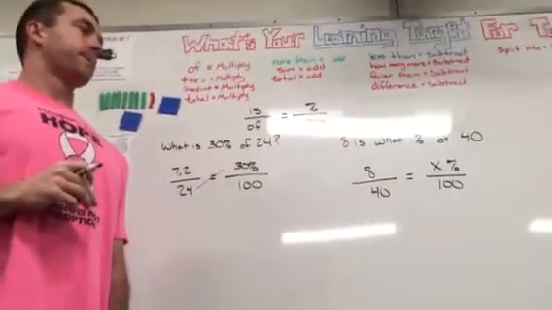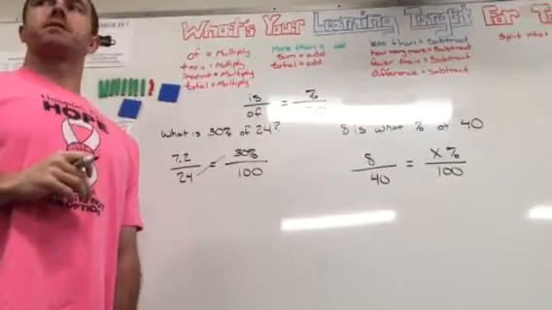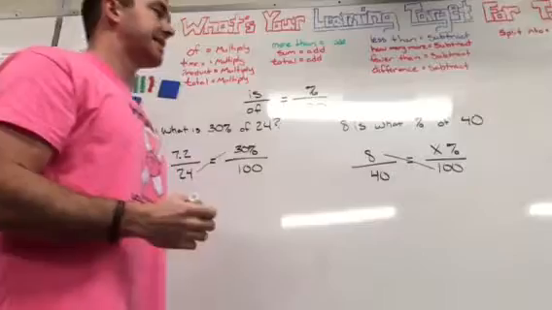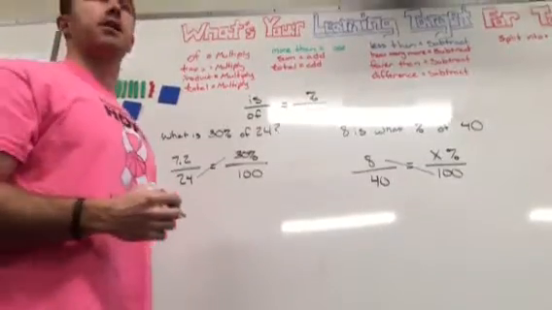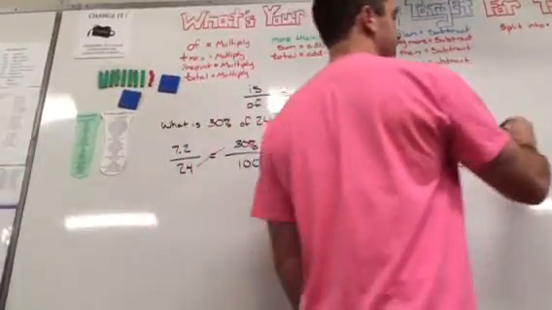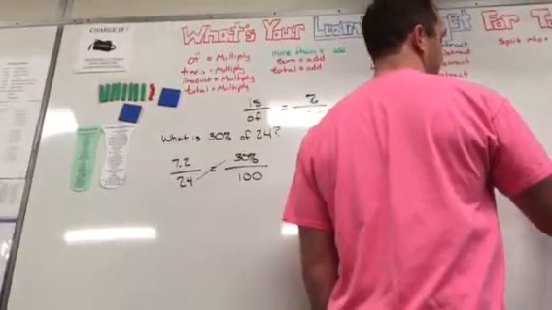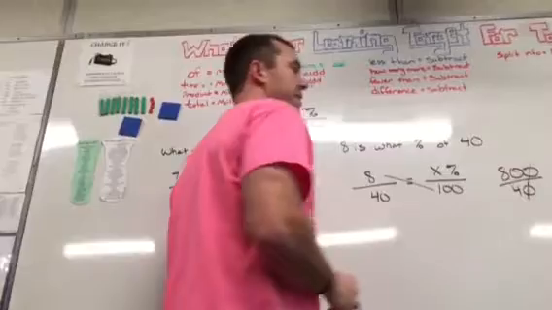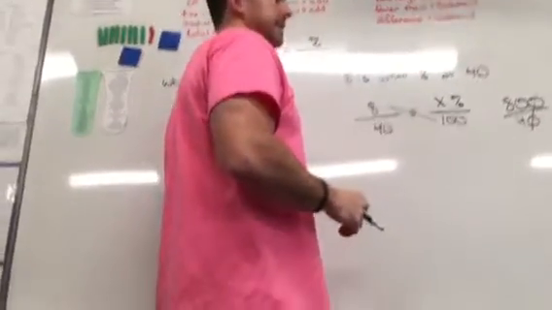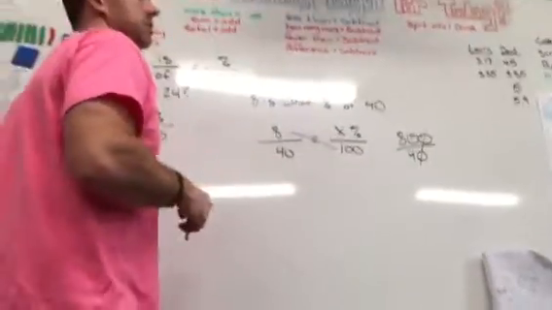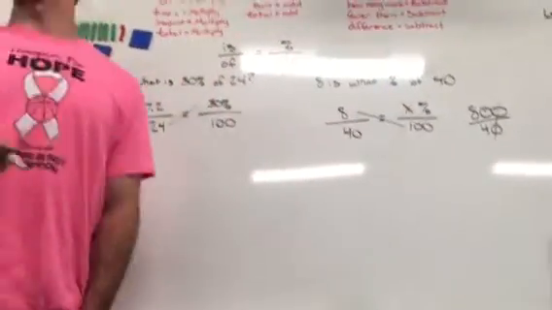Audrey. Cross multiply and divide. So 8 times 100 is 800 divided by 40. What's 80 divided by 4?